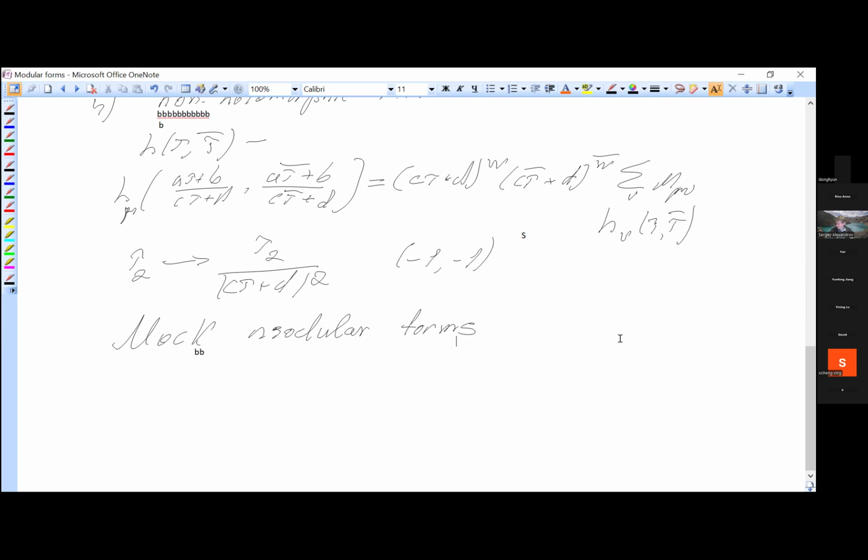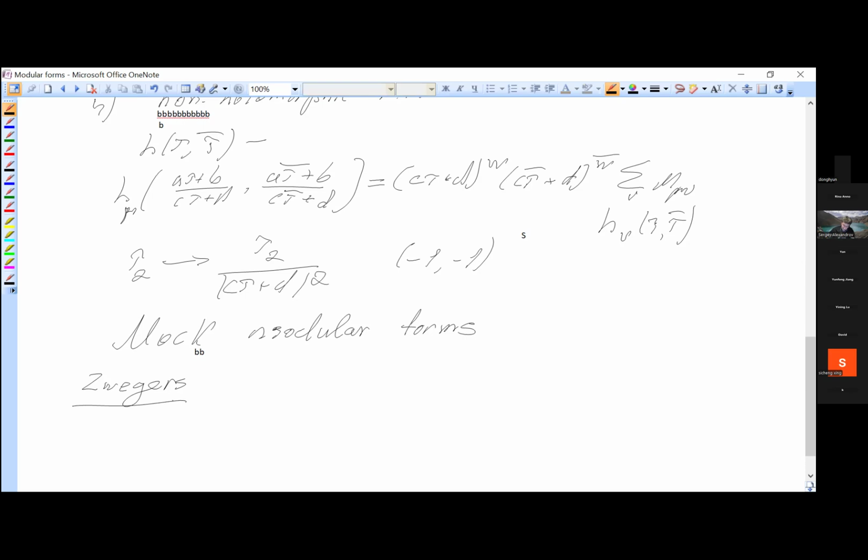The first examples of these mock modular forms appeared in the famous work of Ramanujan, but we had to wait almost 80 years until we got a general definition of this object, and this general definition has been given in the PhD thesis of Zwegers in 2002, I think, if I remember correctly.